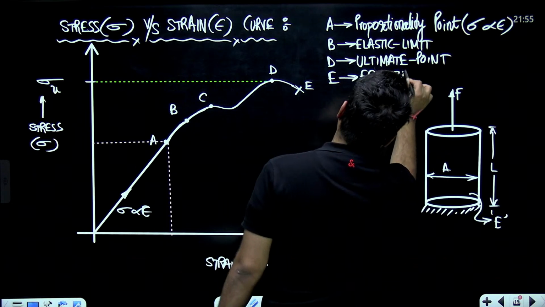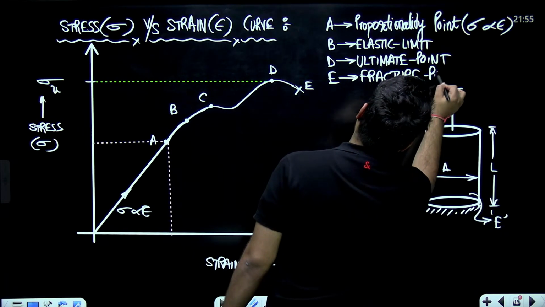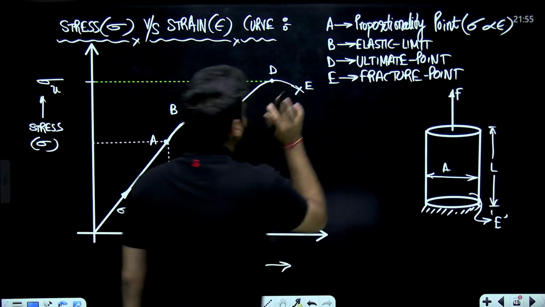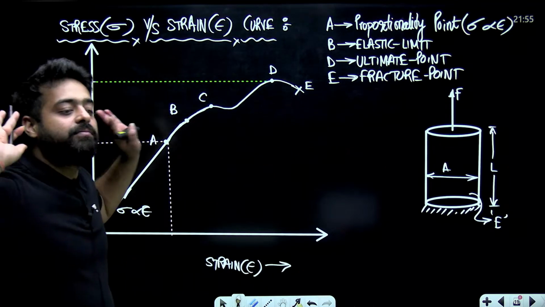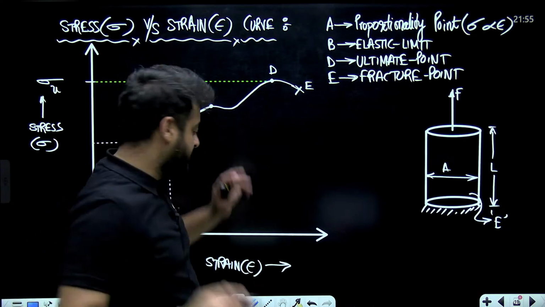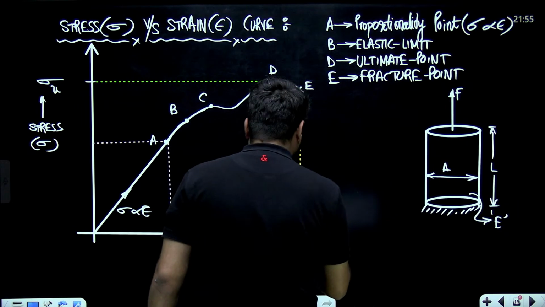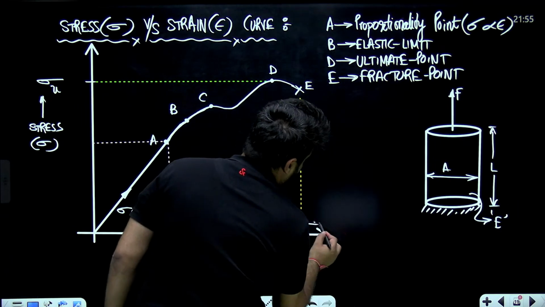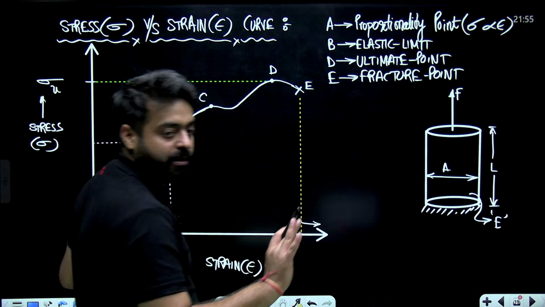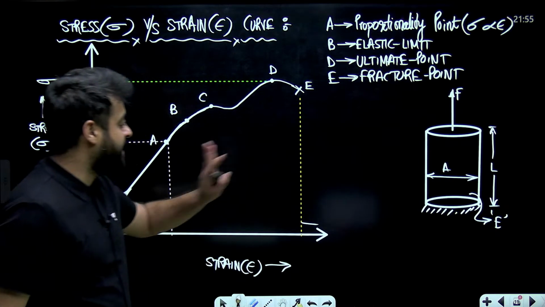That's why I put a cross there. What do you mean by fracture point? When you reach this E point, it actually gets fractured. It breaks. After this point, it cannot survive. It will not give you any elongation. It breaks. That's the feeling of this E point.